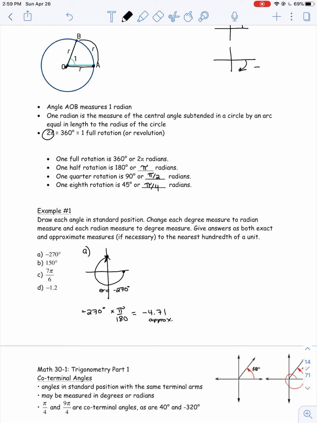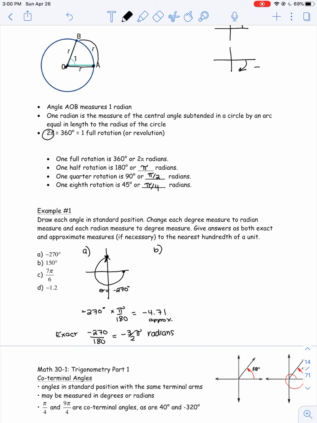This is the approximation. Now if we want exact, what we're going to do is take negative 270 and divide it by 180 and change it to a simplified fraction. That's where you go math, enter into your calculator, and you should see that it simplifies to negative 3/2, and then you put in the pi value. So that is our answer in radians.